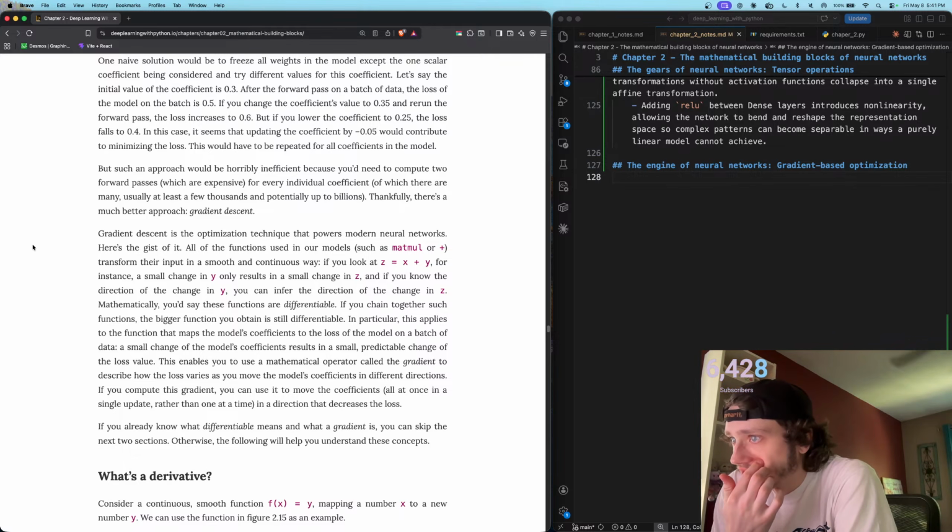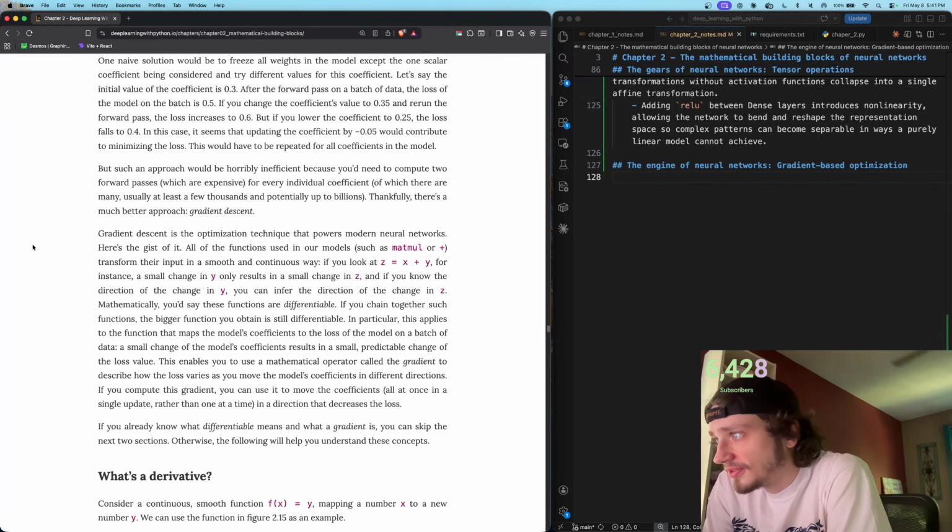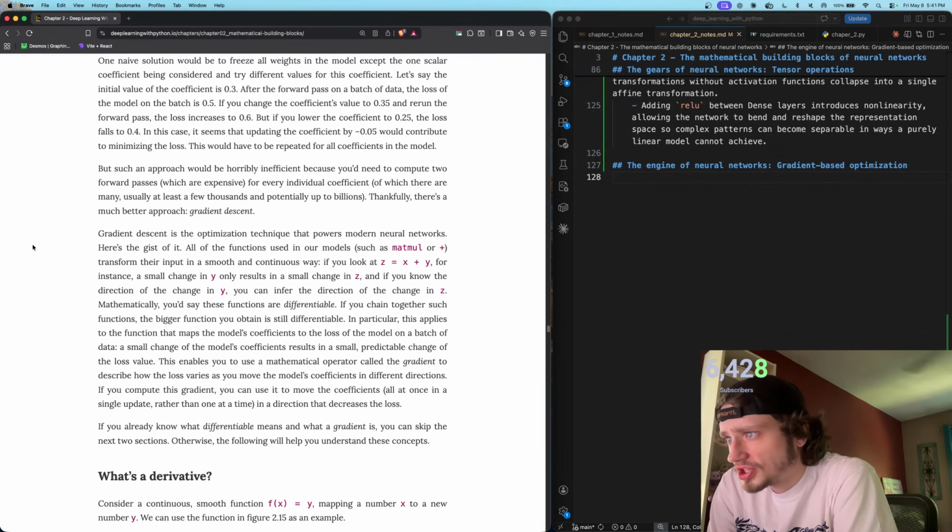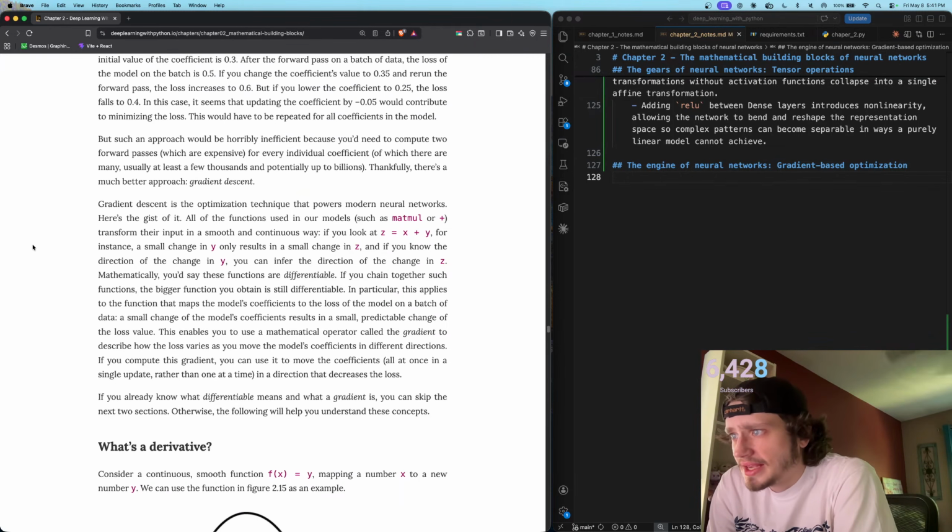If you chain together such functions, the bigger function you obtain is still differentiable. In particular, this applies to the function that maps the model's coefficients to the loss of the model on a batch of data. A small change of the model's coefficients results in a small predictable change of the loss value.